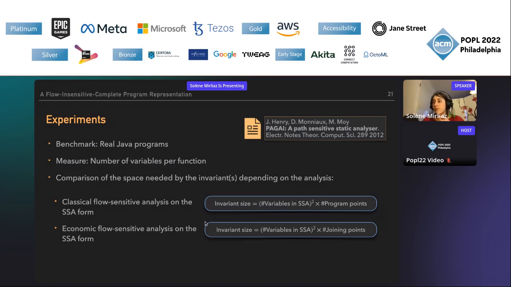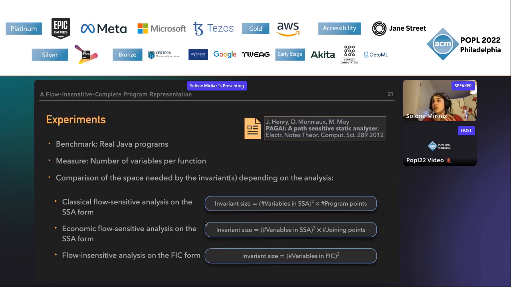So in a second step, we compared the space with that of a more economical flow-sensitive analysis. And these two flow-sensitive analyses are compared to a flow-insensitive one, but this time performed on the FIC form. And since it's a flow-insensitive analysis, we only have one invariant, so we just square the number of variables in our FIC program.